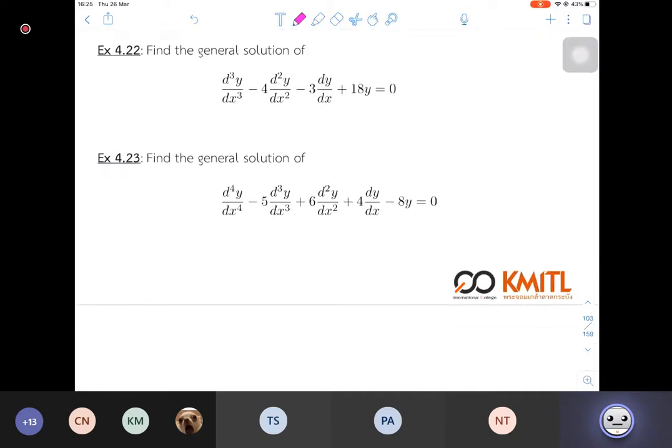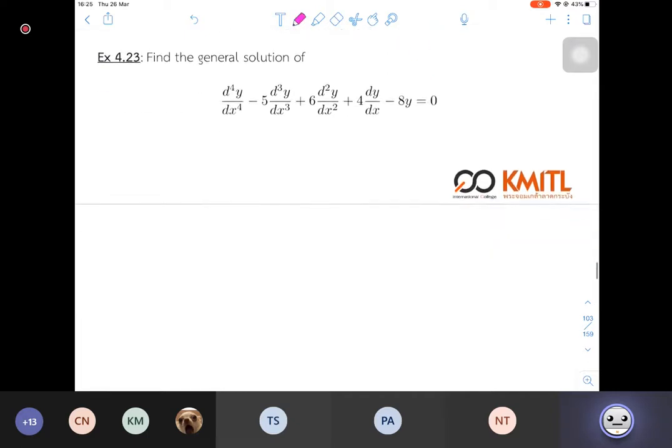I will show you this first one, and you're going to need to find the solution. Let's look at problem 4.22.